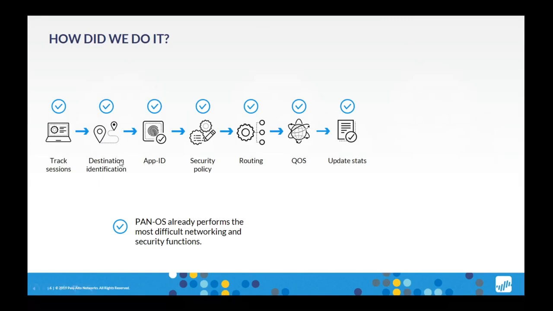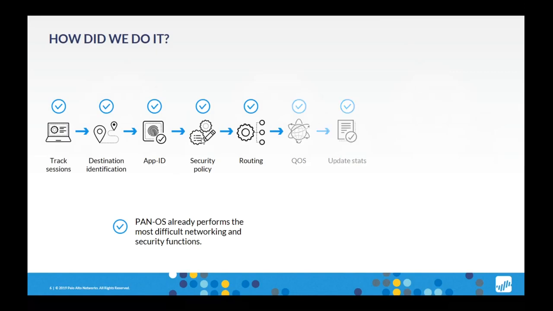So when it comes to security, they already have features like session tracking, geolocation identification, user and IP address mapping, security policies for controlling the traffic based upon user, protocol, application, service, even QoS, and then the routing. It supports automatic and static routing, etc., and updating the contents on a frequent basis. So, in short, PAN-OS already performs the most difficult networking and security functions.